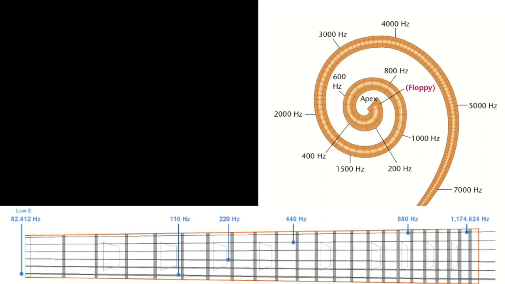And you'll see that the low E vibrates right around 82 hertz, and then we have the A at 110, and so on as we make our way up, with the highest note on a standard tuning guitar vibrating at about 1,174 hertz.